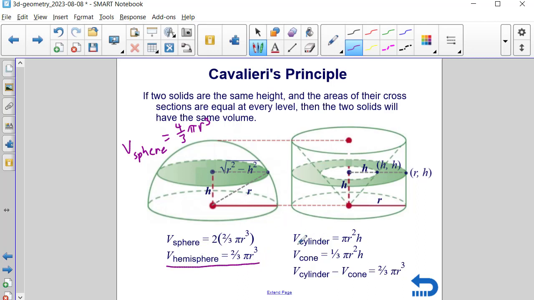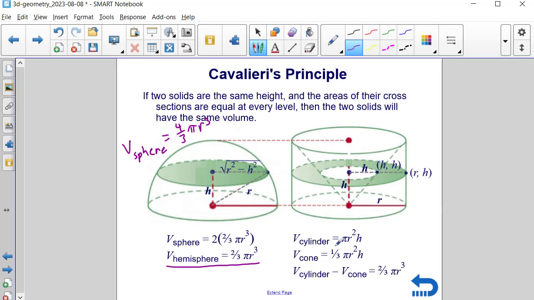Now let's look at the volume of the cylinder minus the volume of the cone. Remember, we had that cross section that we had to find the area of on the previous slide, and we showed that the two areas between the hemisphere cross section and this cross section were equal.